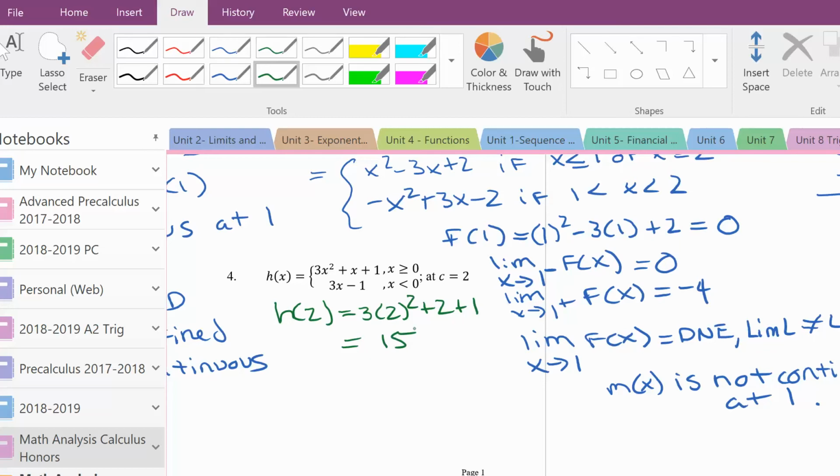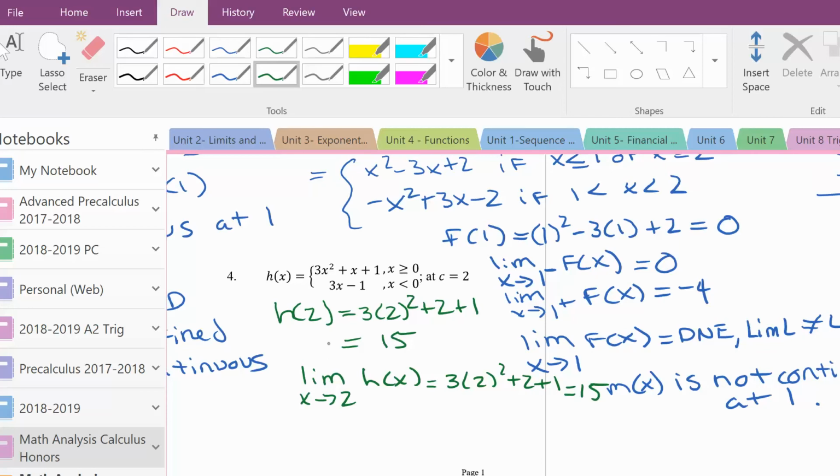Now the limit as x approaches 2 of h of x. 2 is not a boundary turning point, so we can directly substitute it in to the top. And so we get 3 times 2 squared plus 2 plus 1. So we also get 15.